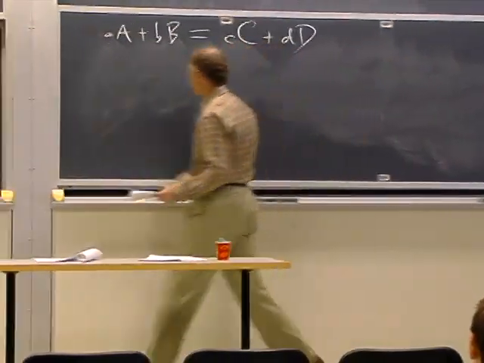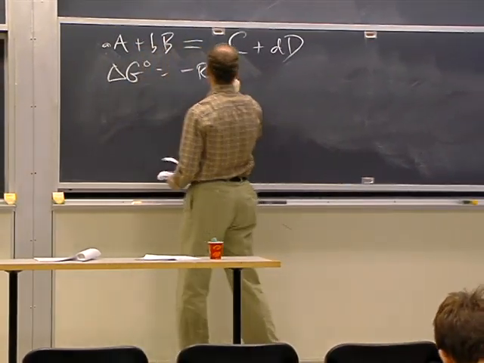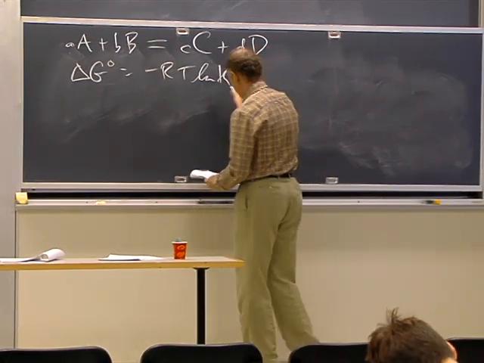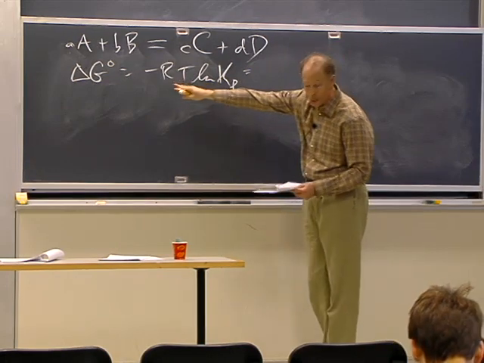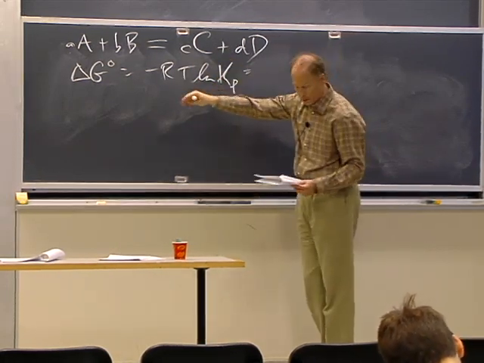We know that delta G naught is minus RT log of Kp, and that delta G naught is just the free energy of the products minus the free energy of the reactants.